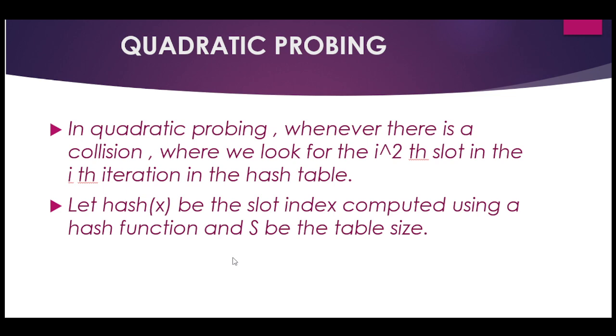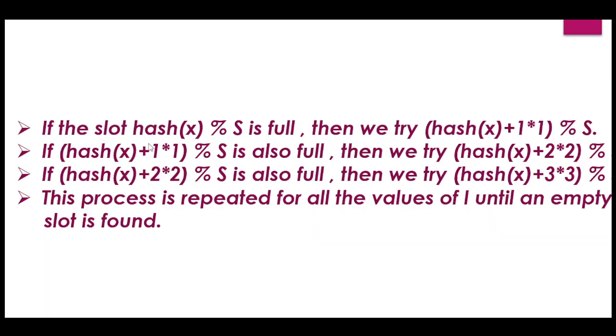If the slot hash of x mod S is full, then we try hash of x plus 1 times 1 mod S. As i is increased to 1, 2, 3, if it is full, and if hash of x plus 2 times 2 mod S is also full, this process is repeated for all the values of i until an empty slot is found.